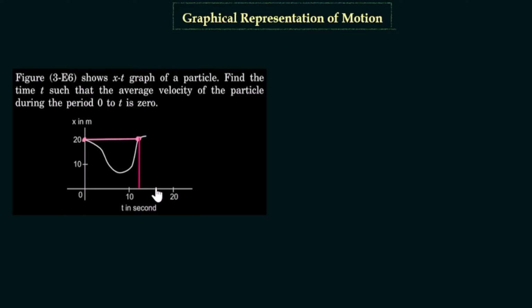This is 10, this is 20, this will be 15, and at this point this is 12 seconds. So basically t is 12 seconds. That will be the answer. From 0 to 12 seconds, the average velocity of the particle is 0.